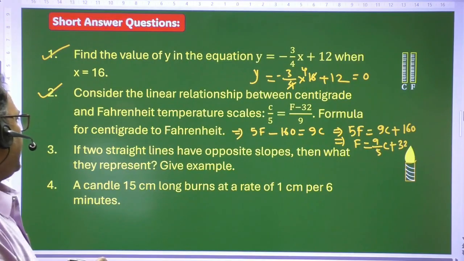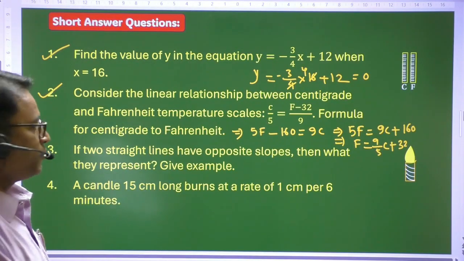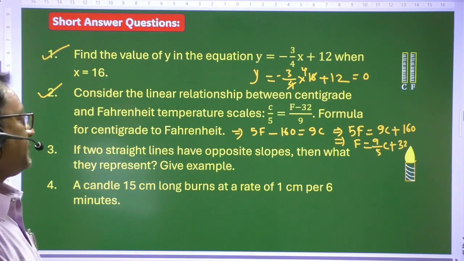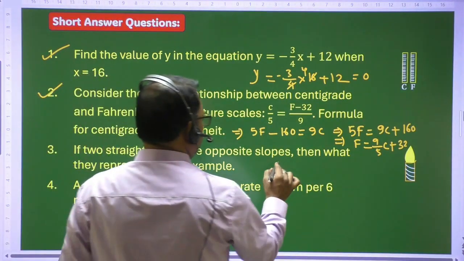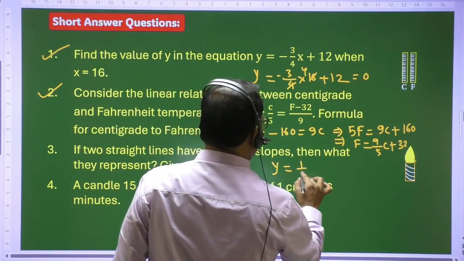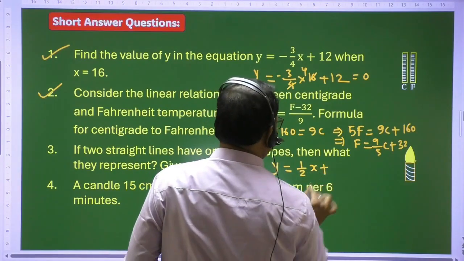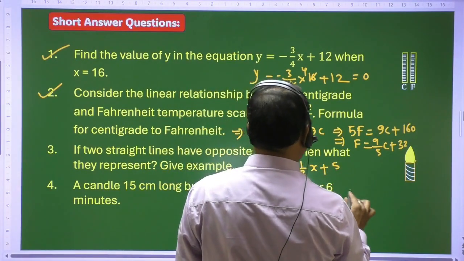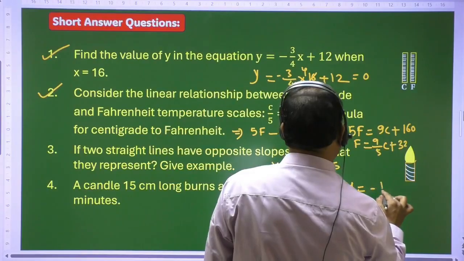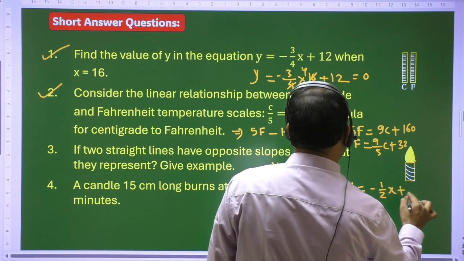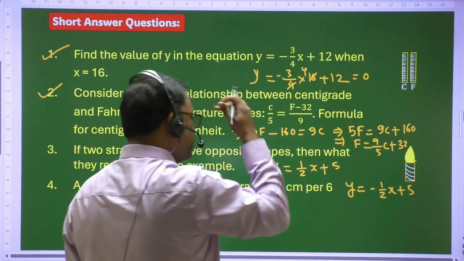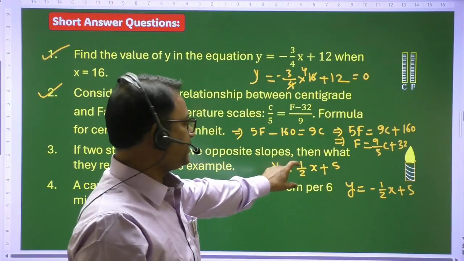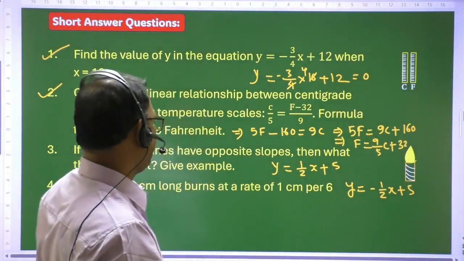If two straight lines have opposite slopes, then what do they represent? Give an example. Suppose one line is half of x plus 5, and another line is minus half of x plus 5. You notice that one is positive half, another is negative half.